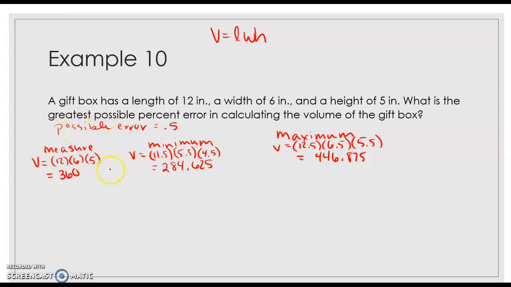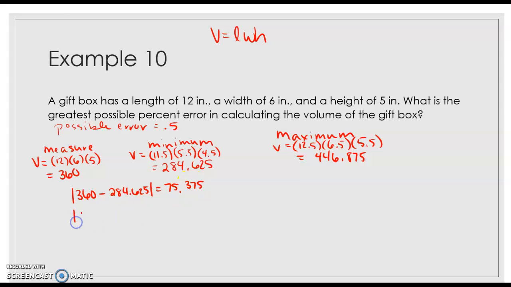We're going to start by subtracting. I'm going to take my actual minus my minimum, 360 minus 284.625, and that gives me 75.375.